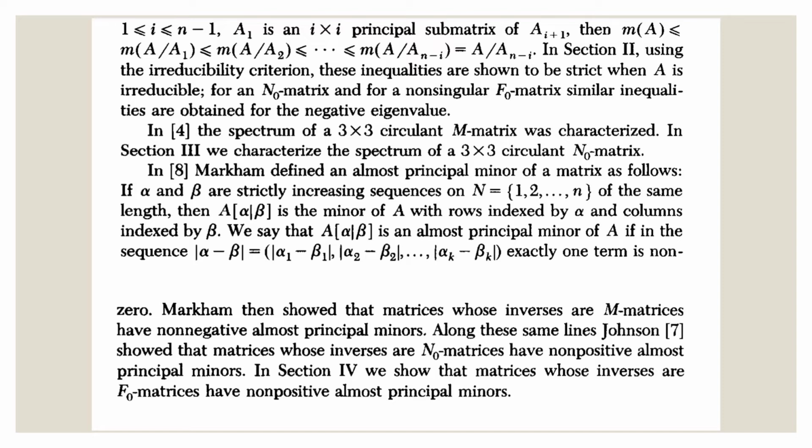Markov then showed that a matrix whose inverse is an M matrix has non-negative almost principal minors. Along these lines, John showed that matrices whose inverse is an N-naught matrix have non-positive almost principal minors. In section 4, we show that matrices whose inverse are F-naught matrices have non-positive almost principal minors.